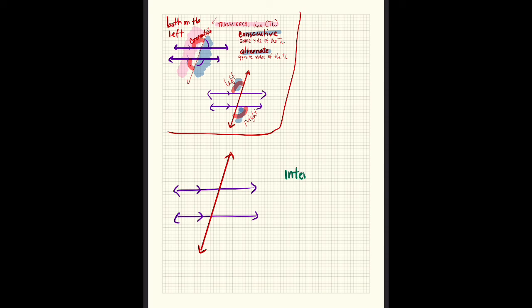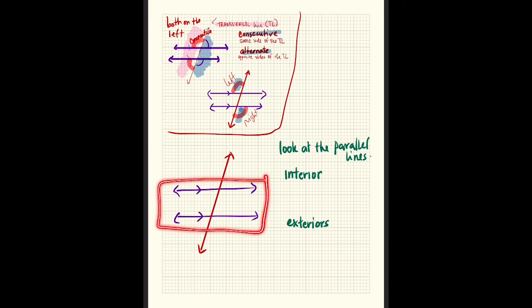We are now going to look at interior and exterior angles. And this time, we are looking at the parallel lines. When we're looking for consecutive and alternate, we are looking at the transversal. But if we're talking about interior or exterior, look at the parallel lines.